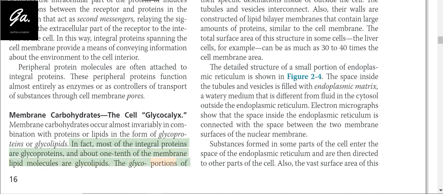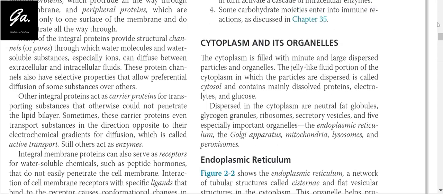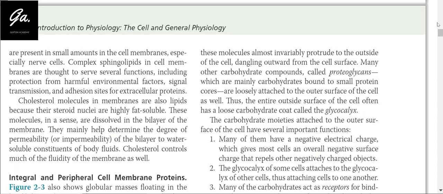The glyco portions of these molecules almost invariably protrude to the outside of the cell, dangling outward from the cell surface.